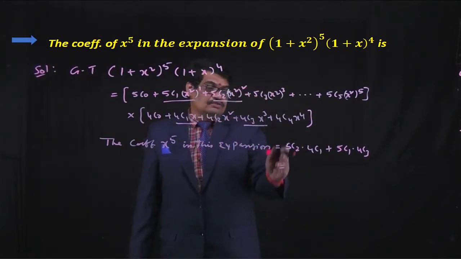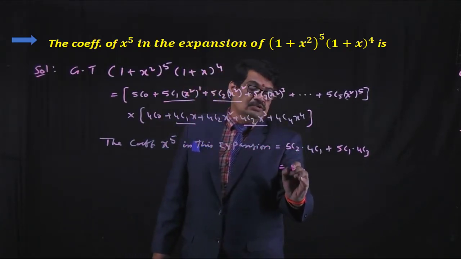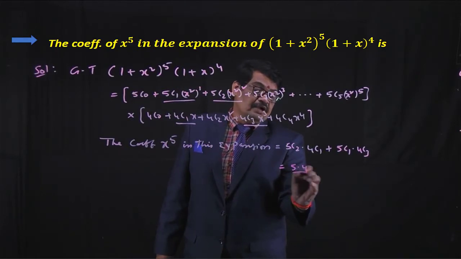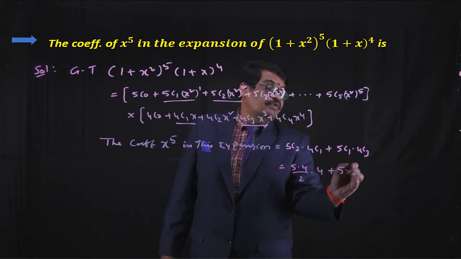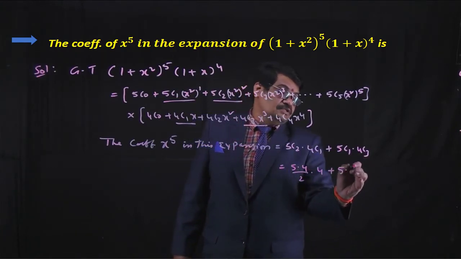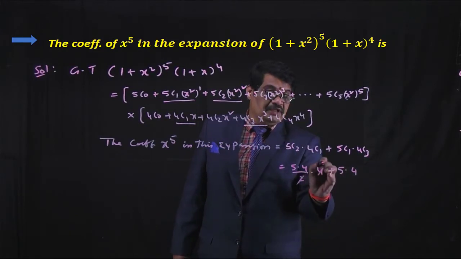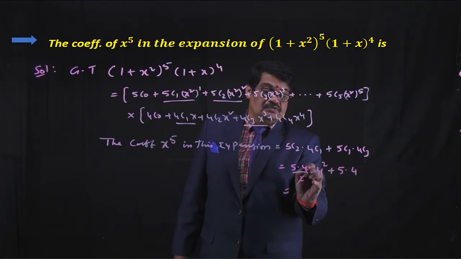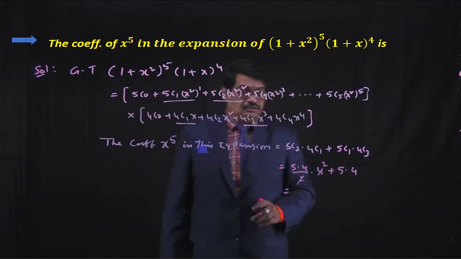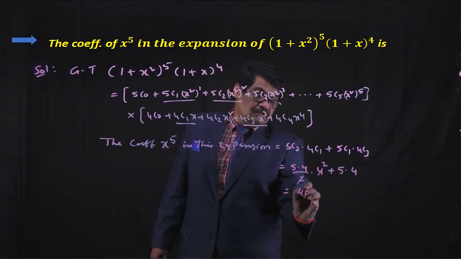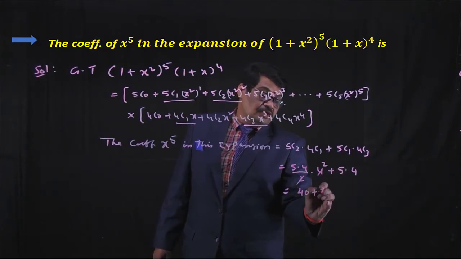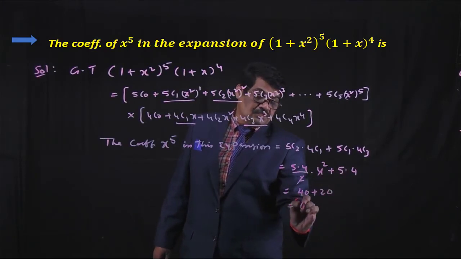Now we are simplifying this one. 5c2 is 5 into 4 by 2 factorial, times 4c1 which is 4, plus 5c1 which is 5, times 4c3, that is nothing but 4c1, that is 4. Here we are getting 2. That is 4 fives, that is 20. 20 into 2 is 40, plus 20, that is equal to 60.